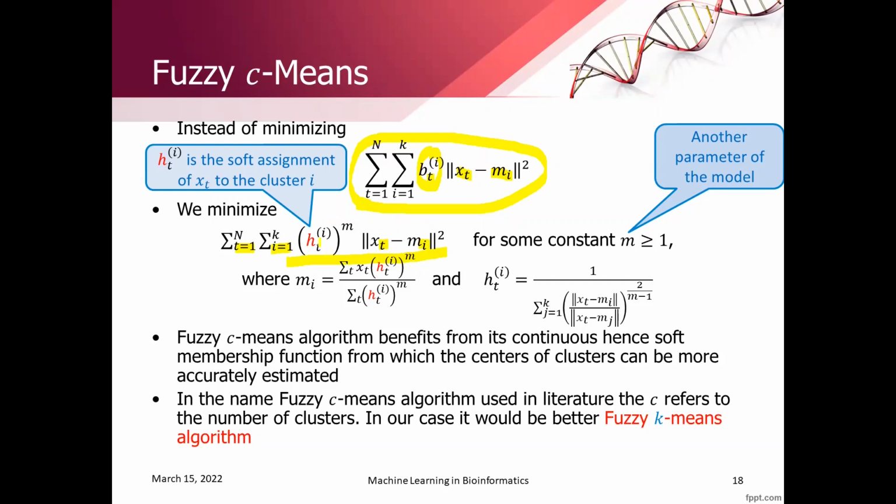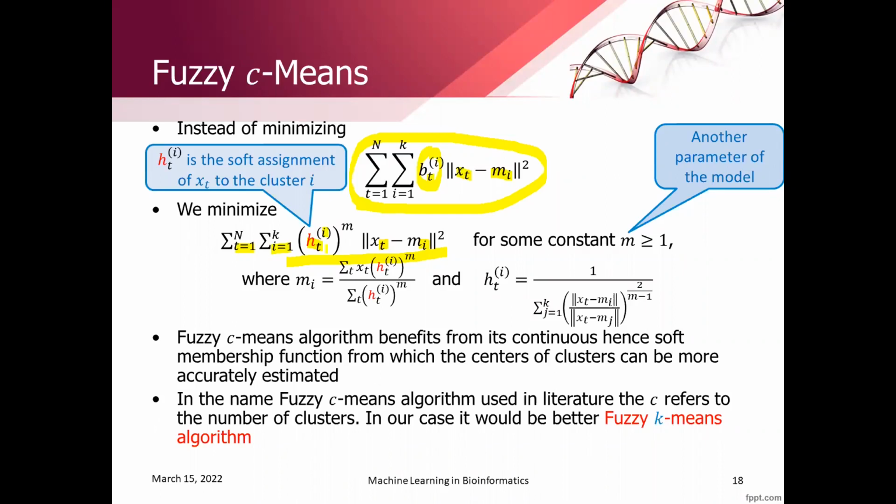But this is multiplied by a vector h_t with superscript i, where the vector h_t is h_t with superscript 1, h_t with superscript 2, and so on. These are the weights of how strongly the observation t is assigned to the first cluster, the second cluster, and so on. These are values between 0 and 1, and the sum of all these values in the vector h_t must be 1.